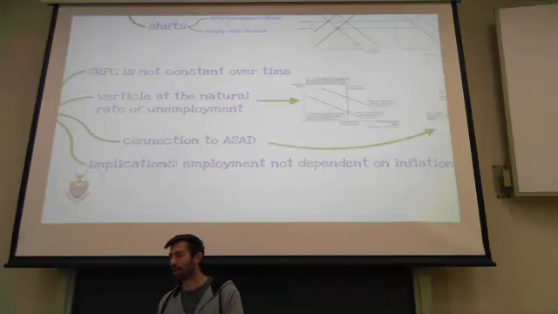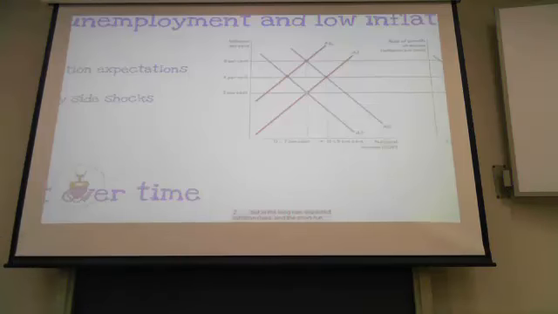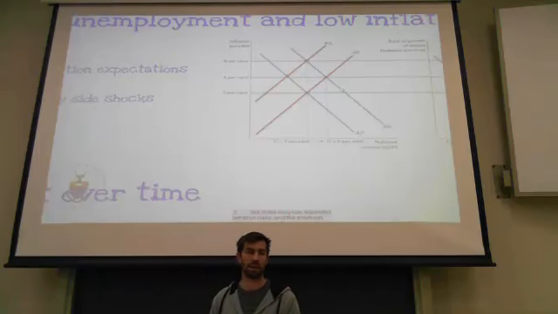But what would happen if this was our aggregate demand, aggregate supply situation? If at that initial point, which we're calling point A, we had been at full employment, that increase in aggregate demand, let's call it expansionary fiscal policy, what did it do? In the short run, it led to a temporary increase in employment and a rise in prices.